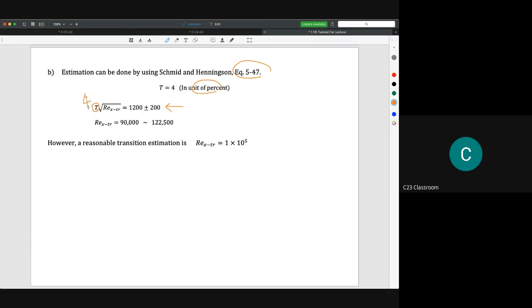So we just put a 4 here. We can get a value of 1,000 plus or minus 200, so I just use the values of 1,200 and 1,400. If you calculate this, you will find that the transition Reynolds number is 90,000 to 122,500.